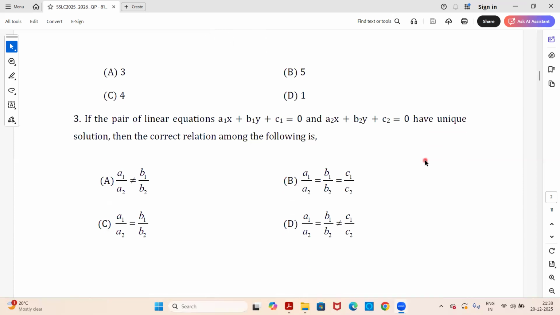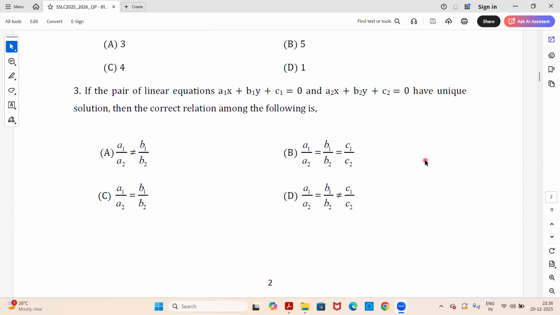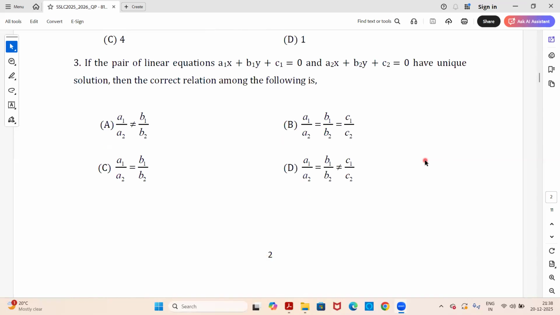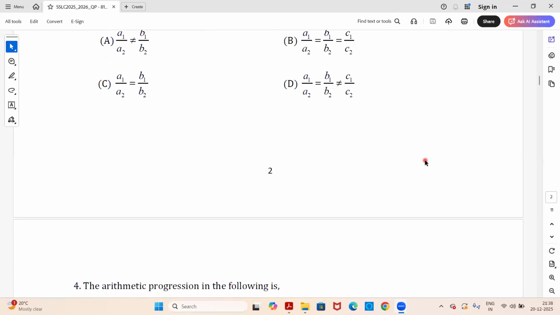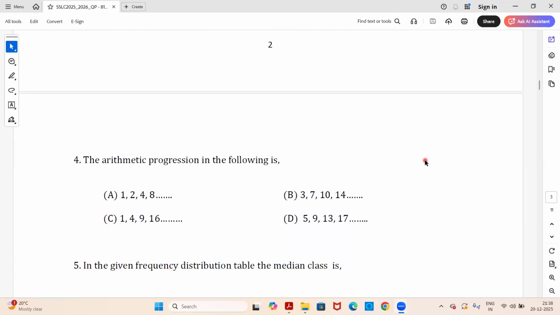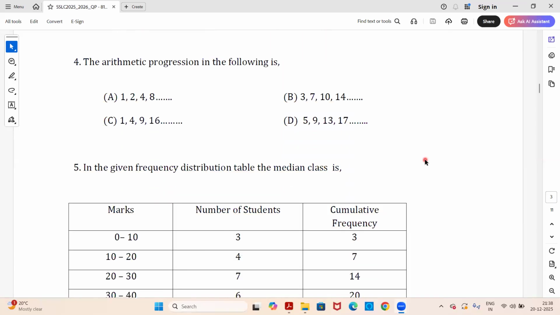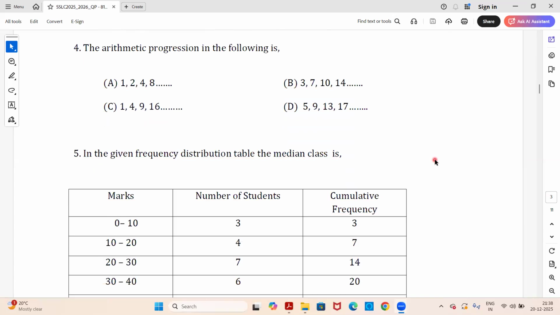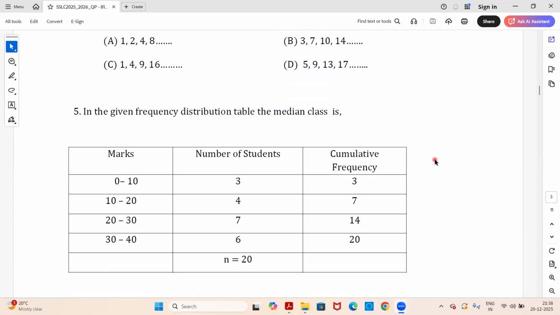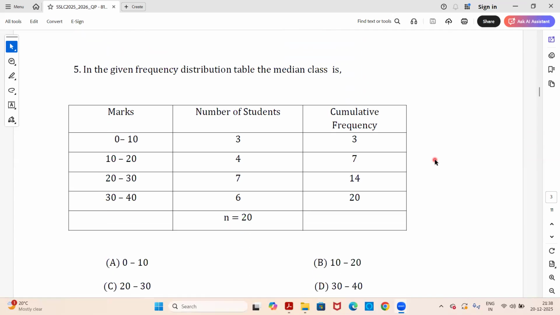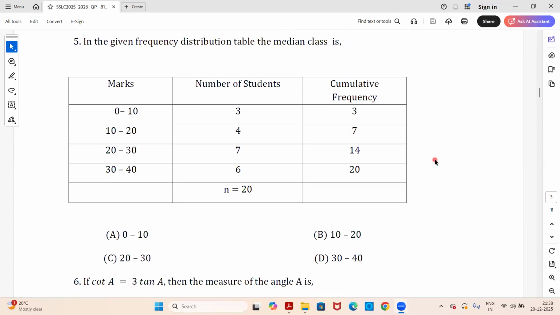Then question 3, linear equation. Choose the correct one and write along with the alphabet which is given there. Then you have question 4, the arithmetic progression, which of the following is. Then the fifth one, the given frequency distribution table, the median class is.